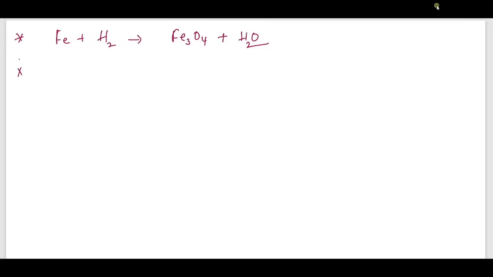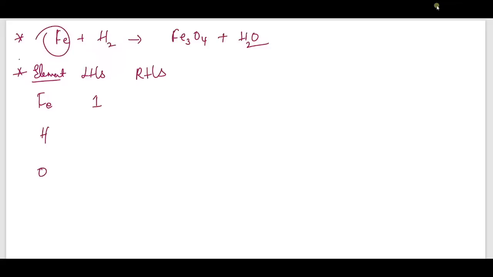The first step is to list down the elements and number of atoms on LHS and RHS. The elements we have are iron, hydrogen and oxygen. On the LHS, how many atoms are there?